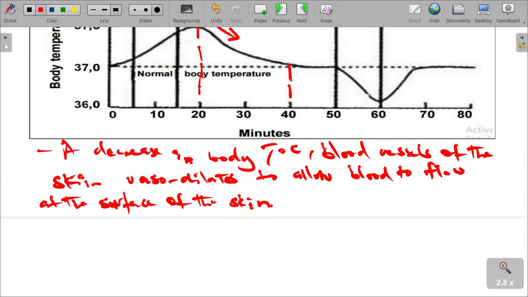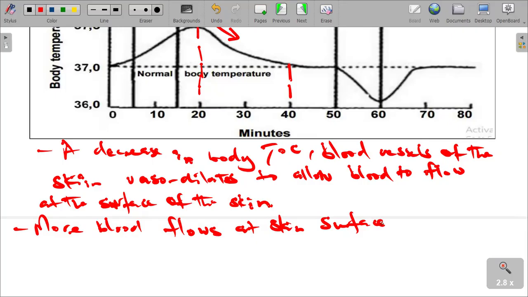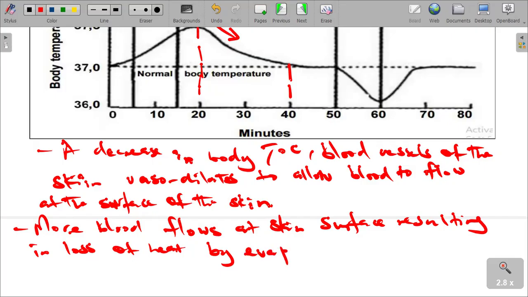So as you can see, the temperature decreases, and more blood flows at the skin surface, resulting in a loss of heat by evaporation.